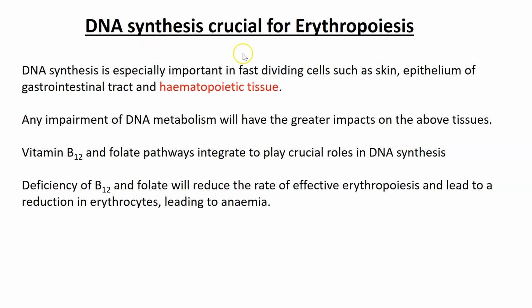Your hematopoietic tissue, so the cells that make up all blood cells, are sites where cells are dividing rapidly. So if there's any impairment of DNA metabolism, which will happen if vitamin B12 and folic acid aren't consumed adequately, or your body finds it difficult to process these nutrients, it will have an impact on the rate of DNA synthesis.